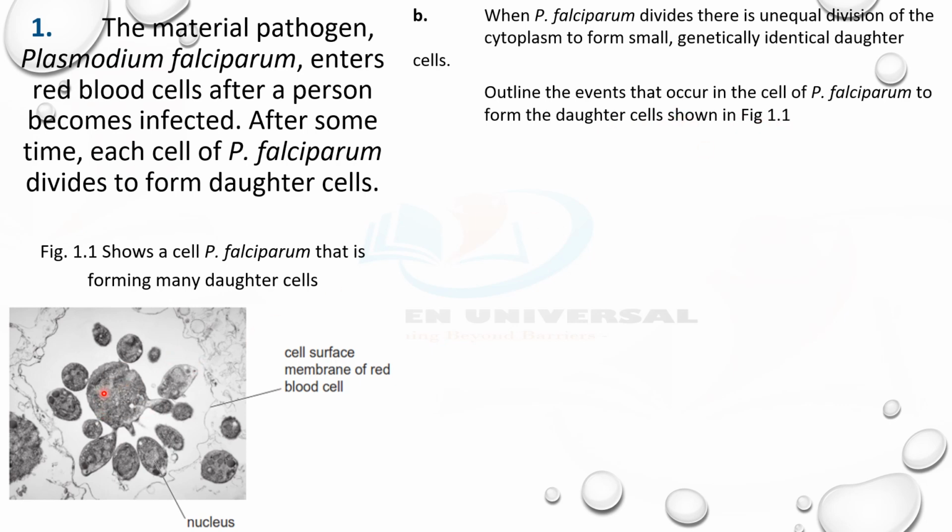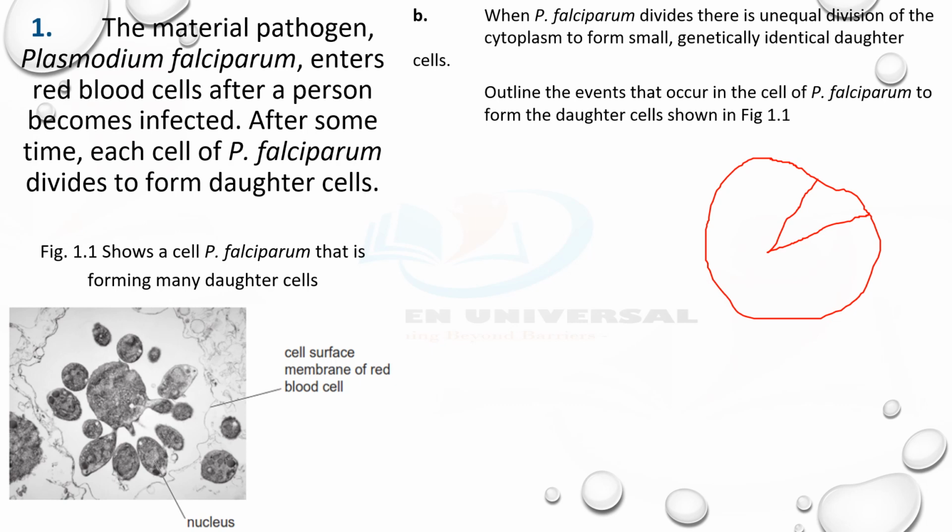Now guys, don't forget that P. falciparum is a eukaryote, so because we're talking about how it divides, it is going to undergo the mitotic cell cycle. Do you remember the cell cycle? See the cell cycle here. Don't forget that these are the events it will undergo.